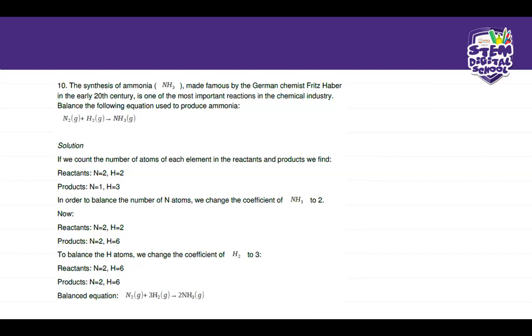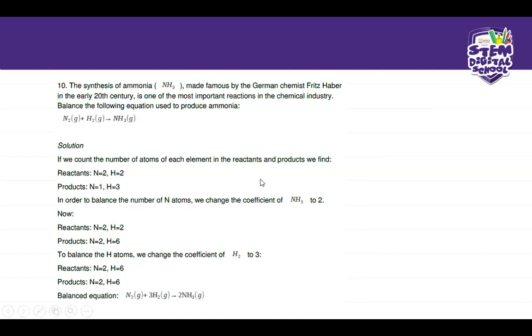Okay, so we've got 2 atoms of nitrogen, 2 atoms of hydrogen, and on the product side, nitrogen, we've got 1 atom, and in NH3, H, we've got 3 atoms. So the first thing that we do is put a 2 in front of the NH3, right? We're going to put a 2, and it's going to give us 6 and 9, right? No, it's 6 and 6.